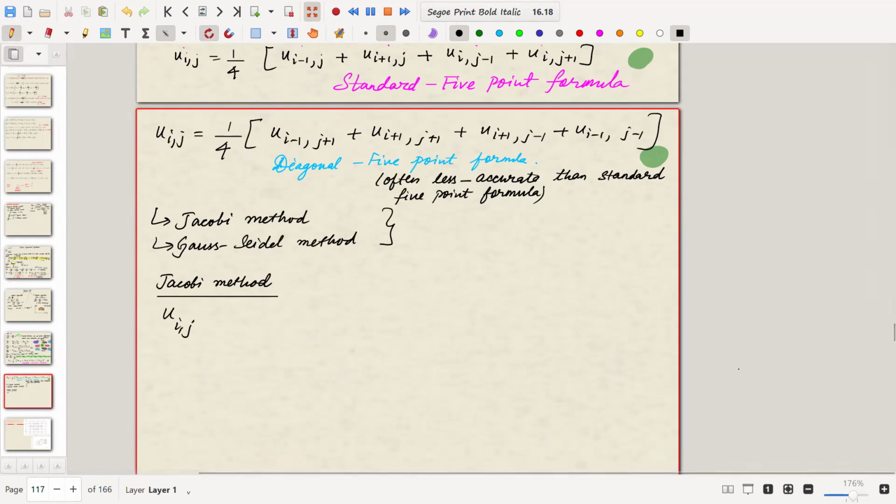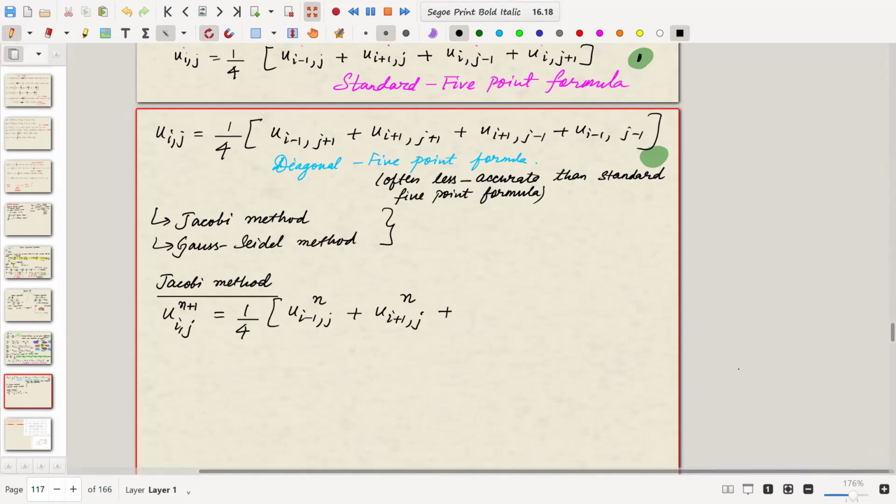Instead of uij, I write uij at n plus 1, that should depend on the past values: 1/4 of u i minus 1 comma j at nth step plus u i plus 1 comma j at nth step plus u i j minus 1 at nth step, all at nth step. This is what you call the Jacobi method.